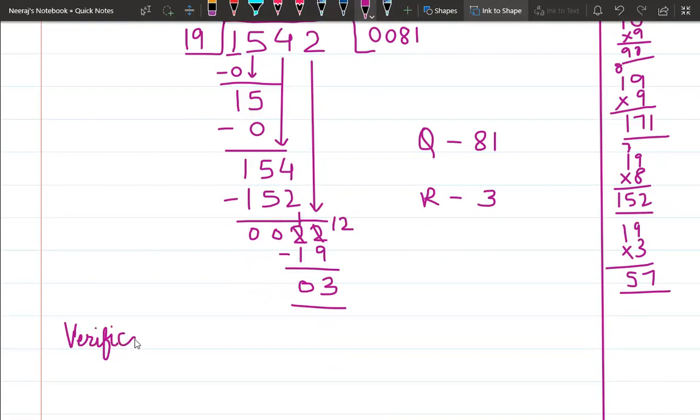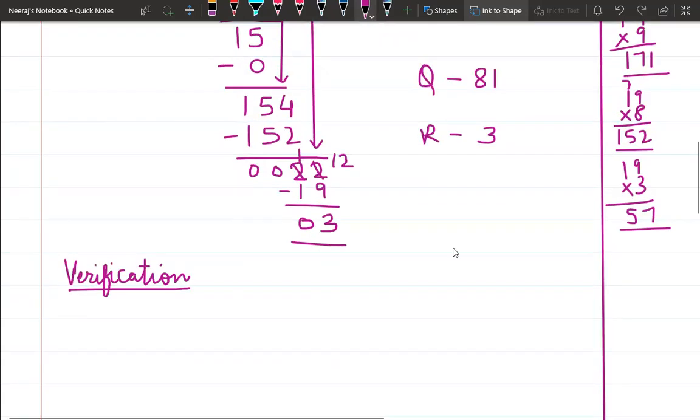Now we are going to verify our problem. To verify, you write verification first. Then after it you have to write the quotient. Quotient is 81. Remainder is 3.